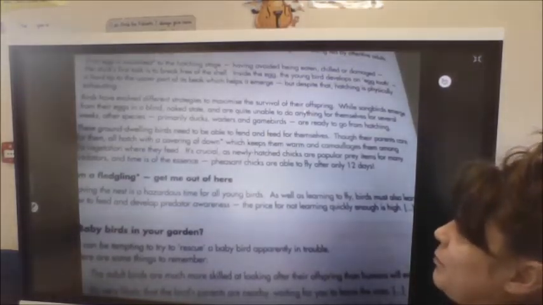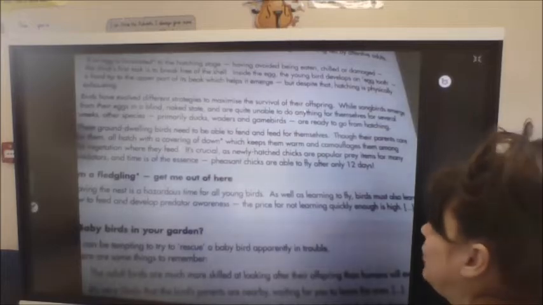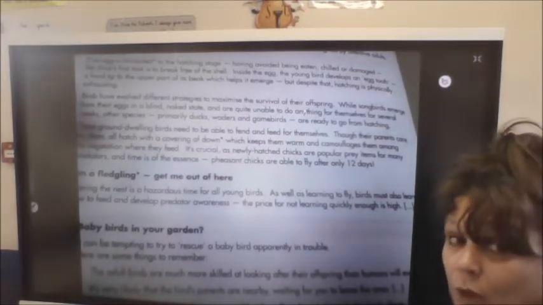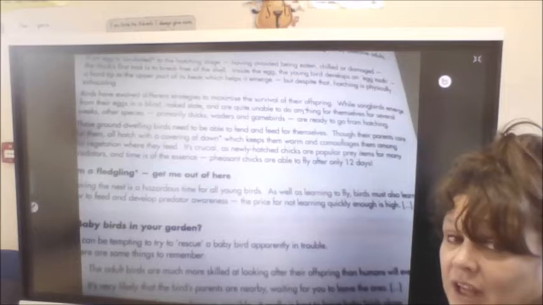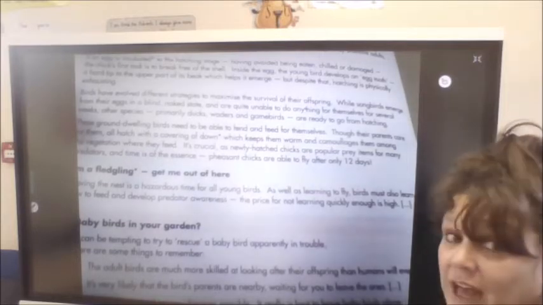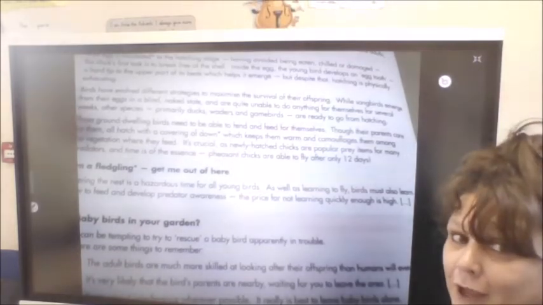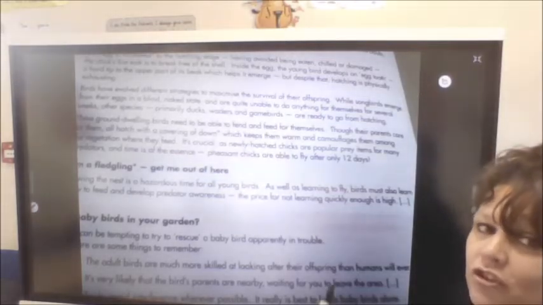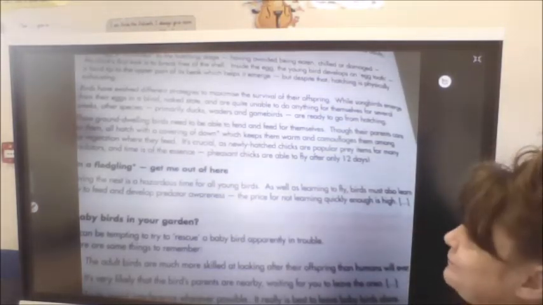Other species, primarily ducks, waders, and game birds, are ready to go from hatching. So those types of birds, as soon as they've hatched, they could get going. Okay, they can escape danger, whereas your songbirds can't.